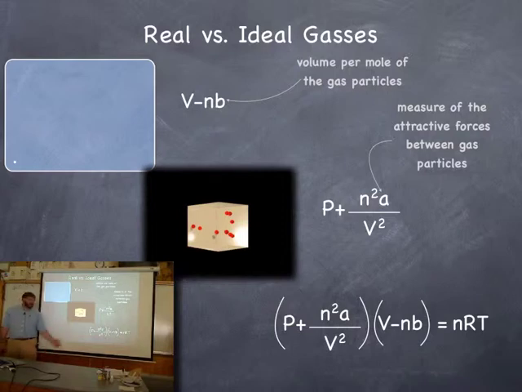The most I've ever seen with this is in some multiple choice problems where they ask you, in the van der Waals equation, what the variable A represents. You would say, it represents the attractive force between the particles, not the volume of the particles, because that's B. But we're going to do a calculation just so you can see what it looks like.